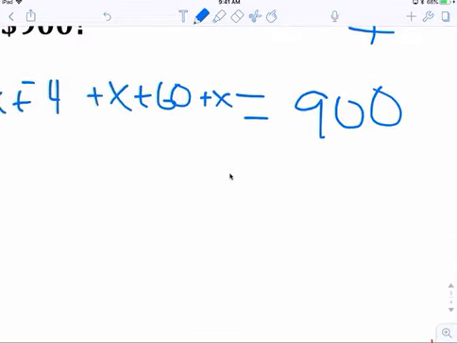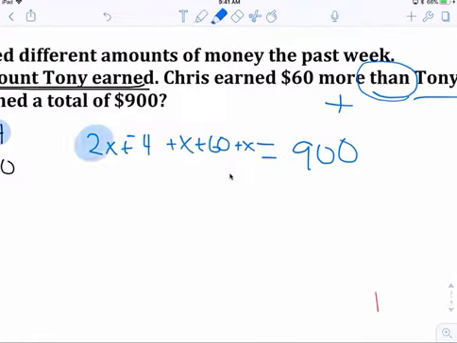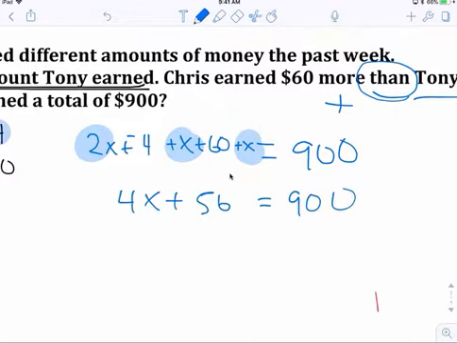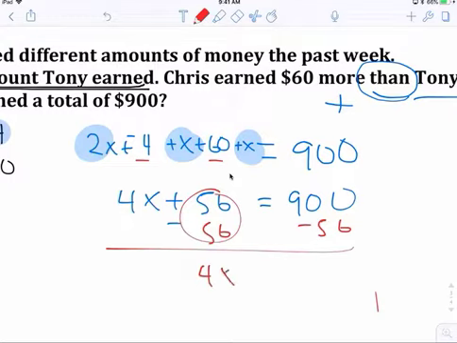You add them together, you get 4x plus 56 equals 900. Minus 56, because we combine these two together. 4x equals 844, right?